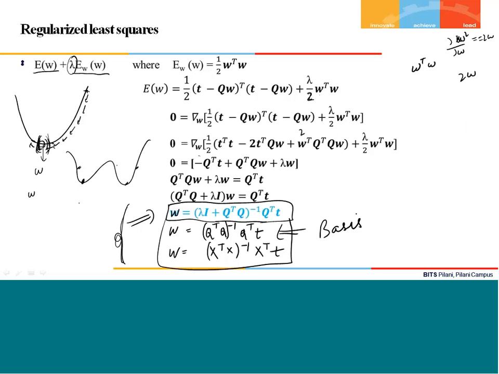So in gradient descent, it depends upon where you start, and your minimum will change if there are so many minimums. But in a closed form solution, there is a unique W, for example the global W, and that you will get. So I hope that once you get into these details, you will get a clearer understanding of where to use what, right? I hope this makes sense to you now.